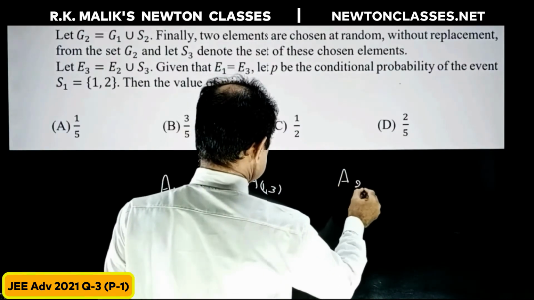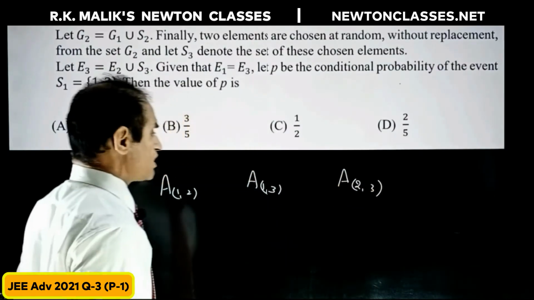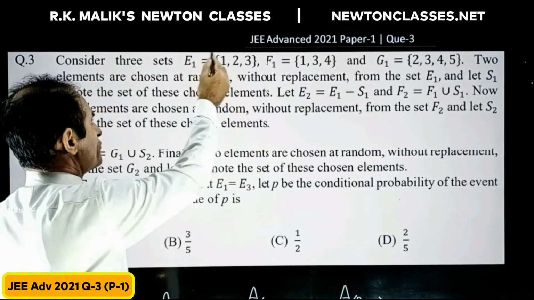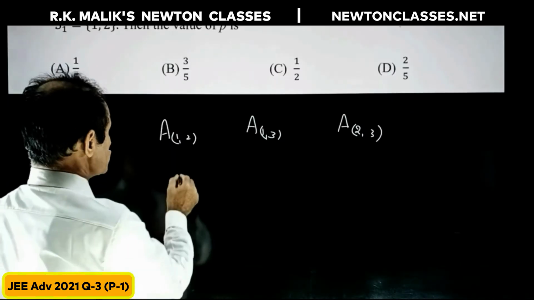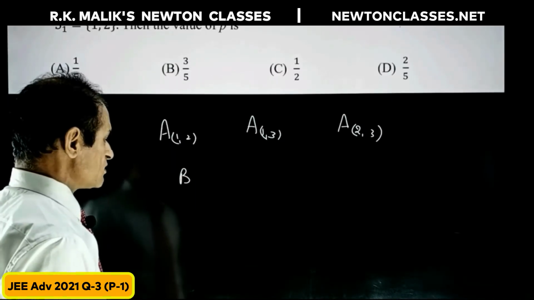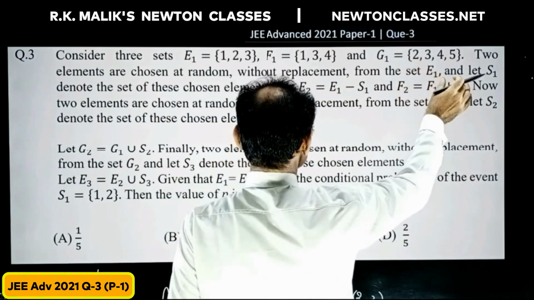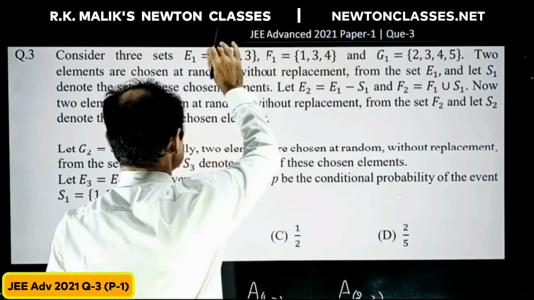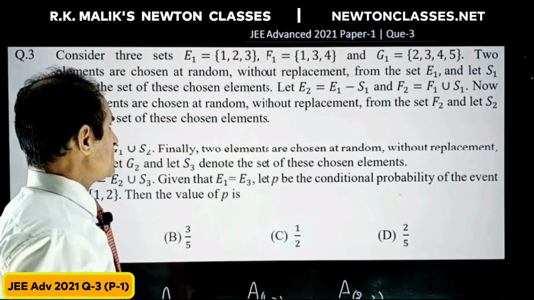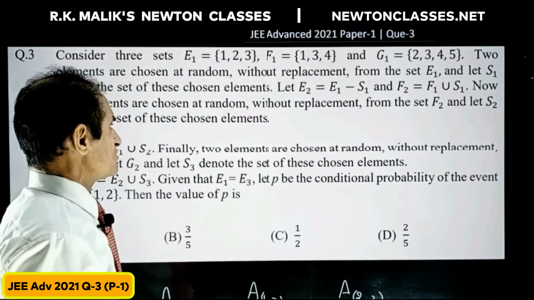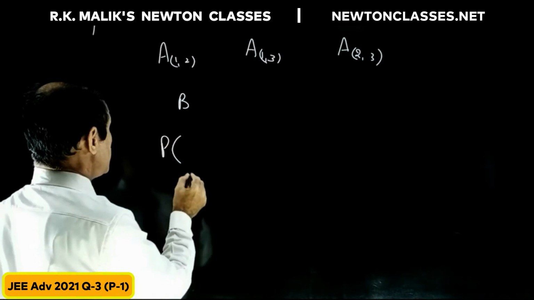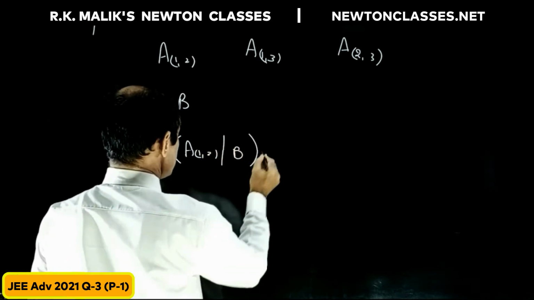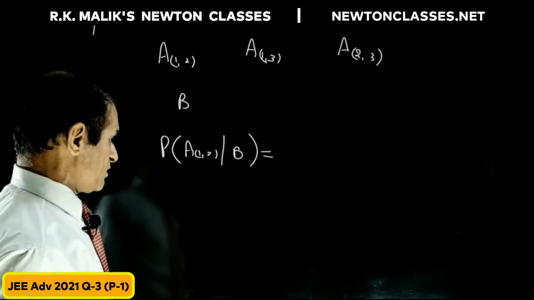And A23 denotes the event that the two chosen elements from E1 were 2, 3. And suppose B denotes the event that finally from G2, the two chosen elements were same as those elements which we had chosen from E1 in the very first step. It means we have to find the probability of A12 when B has already happened.